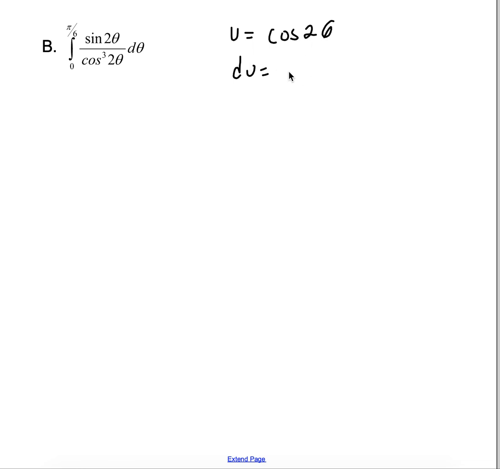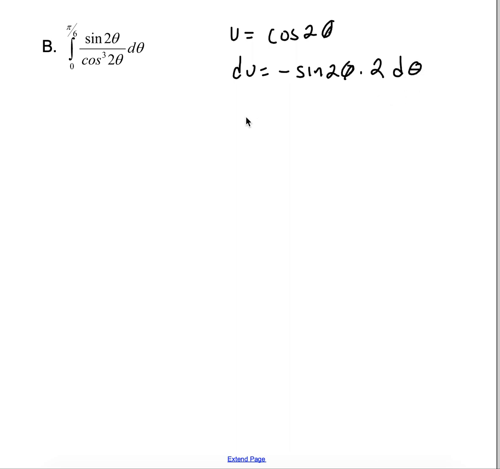By doing this, I end up getting du is equal to negative sine 2 theta times 2 d theta. Remember, you have to keep changing that. And yes, I know my thetas look like 6's, but those are thetas. I'll try to do a little better with that.